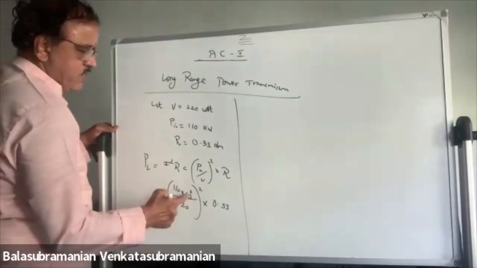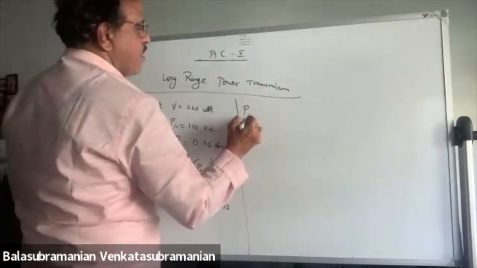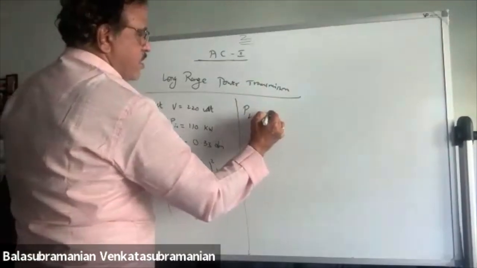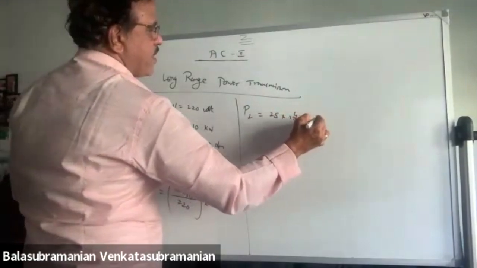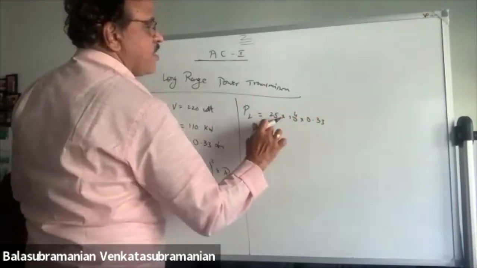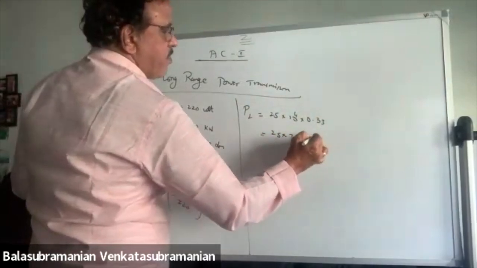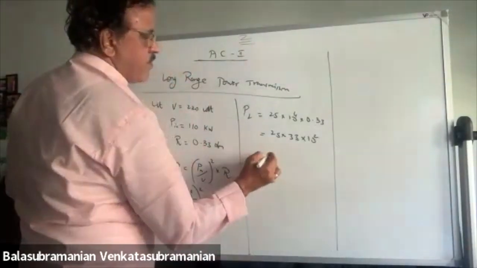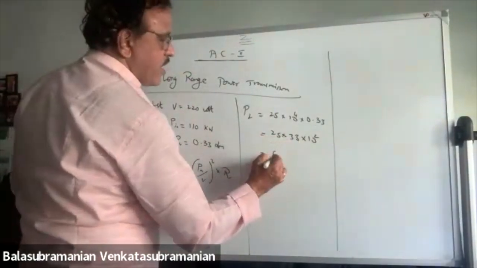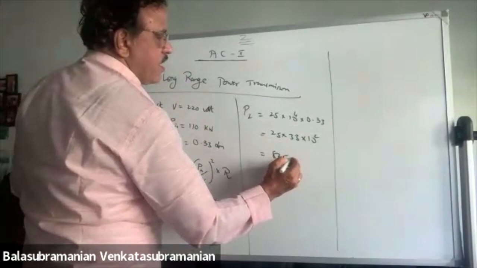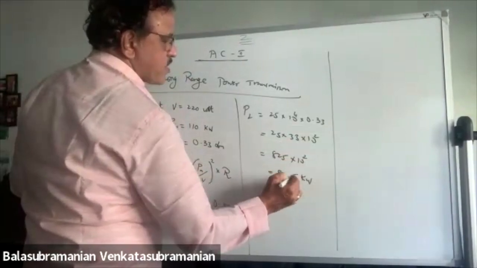So 110 times 1000 by 220 is 500, and 500 square is 25 into 10 power 4, into 0.33. That is 25 into 33 into 10 power 2. 25 into 33 is 825, so 825 into 10 power 2, or 82.5 kilowatts.